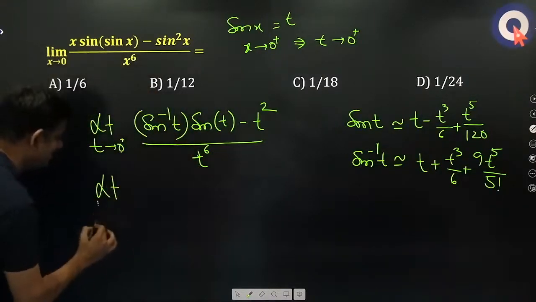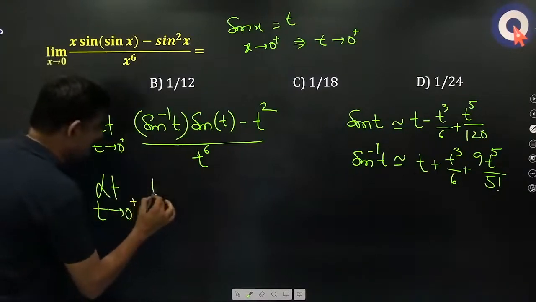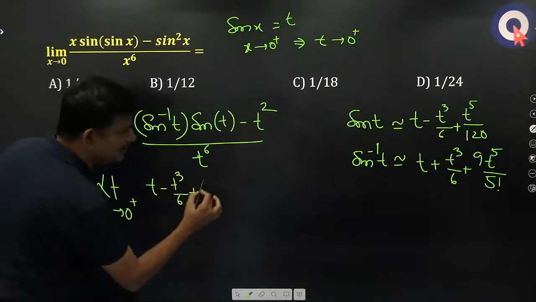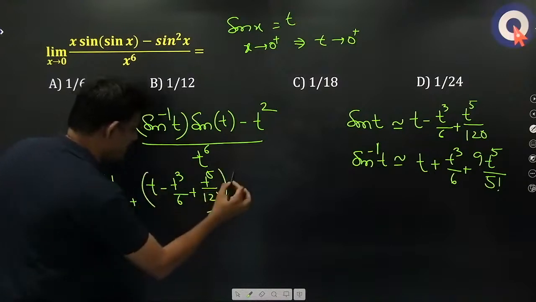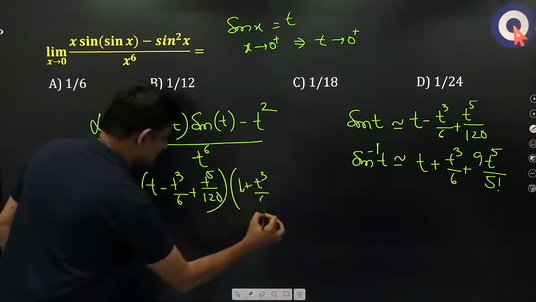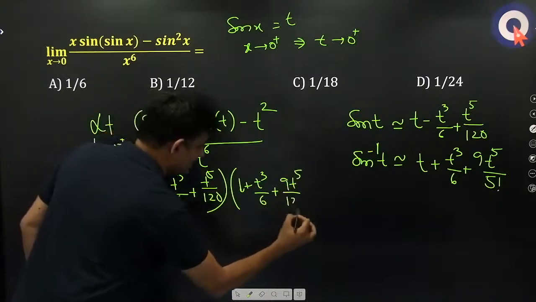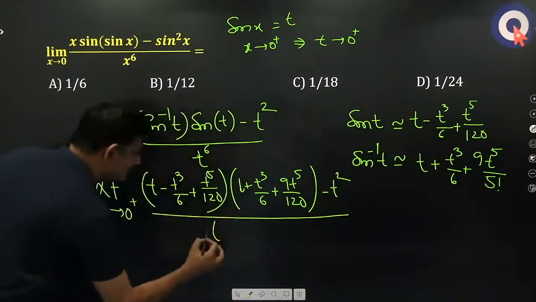This limit will be limit t tending to 0 of t minus t cube by 6 plus t power 5 by 120, multiplied by t minus t plus t cube by 6 plus 9 t power 5 by 120, minus t square, divided by t power 6.